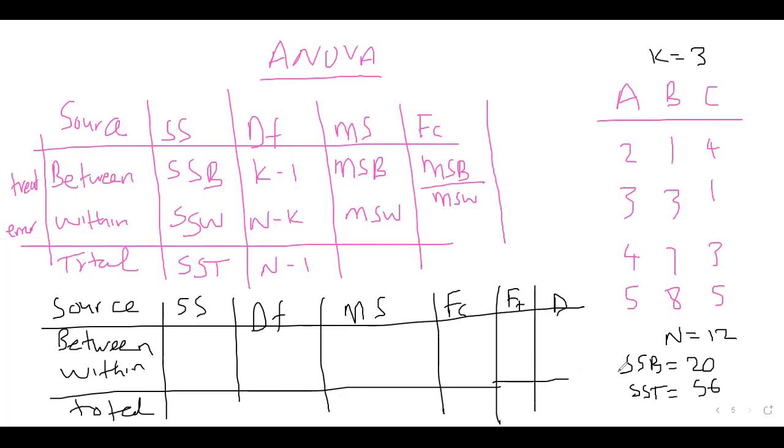The sum of squares between was given as 20, so put the 20 there. The sum of squares total is 56, so you put a 56 there. How do we get the within? The difference.